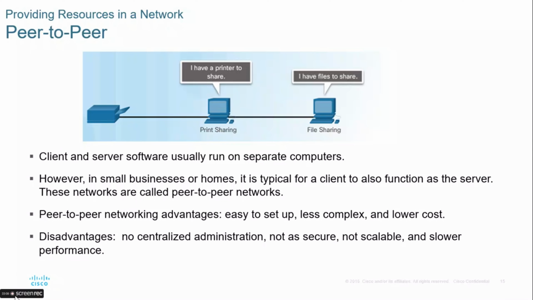You can see here, though my cursor is so white, the client can also function as a server, and a server can also function as a client. So you can see here, these are print sharing, file sharing, then these are printers. You see?